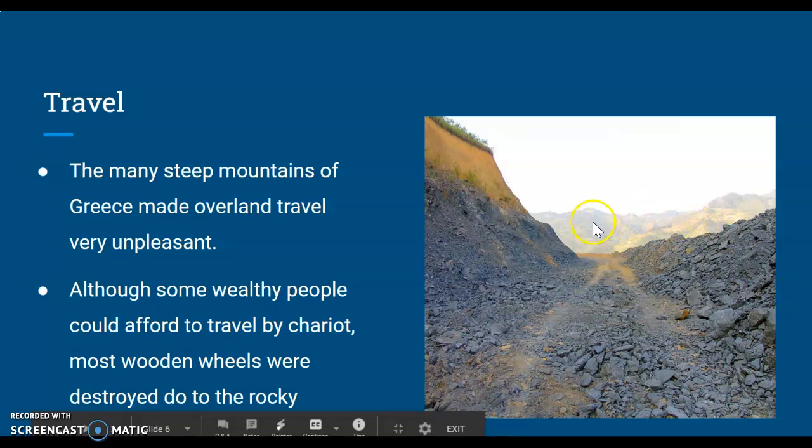If you look at this picture, you can see that there's barely a road here. That's why it's unpaved. A big issue with these unpaved roads was that they consisted of a lot of sharp rocks. Since most chariots use wooden wheels, these wheels will easily get destroyed by these very sharp rocks.